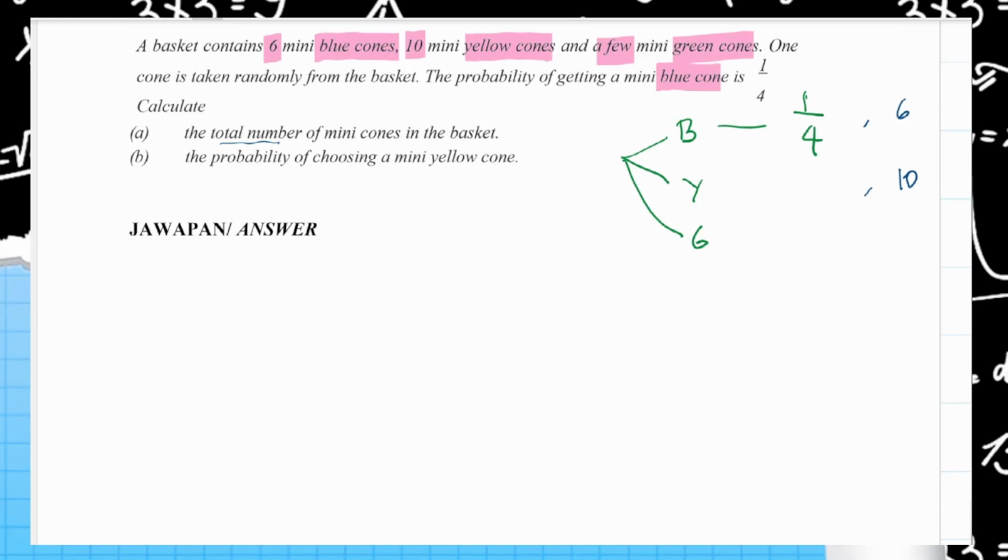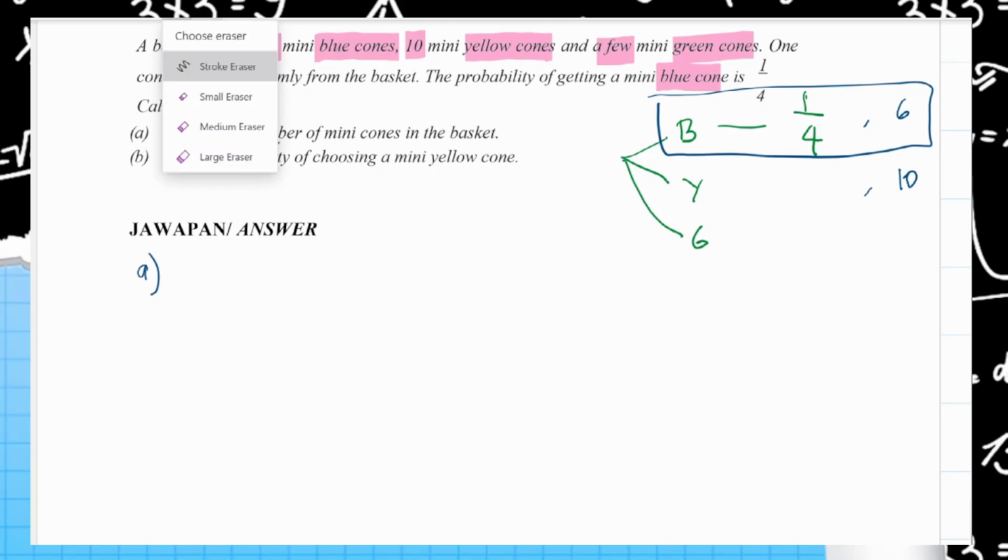Again, we can use the relation like before. We use blue. The number of mini blue cones is 6, right?